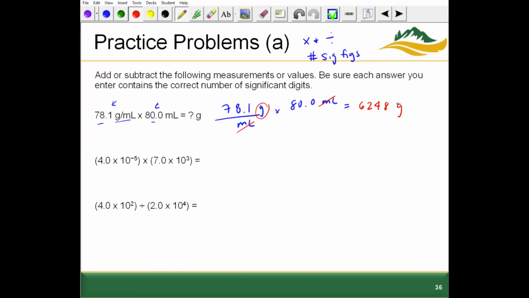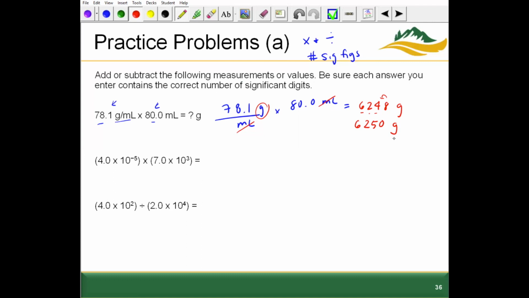But what we need to do is make this into just 3 sig figs total. So we'll stop there. And we will allow the 8 to bump this 4 up to a 5, meaning 6250 is actually the correct number of sig figs here for our final answer.